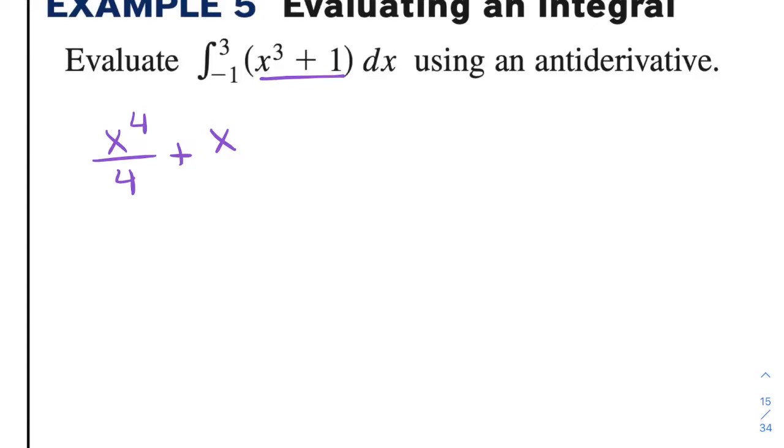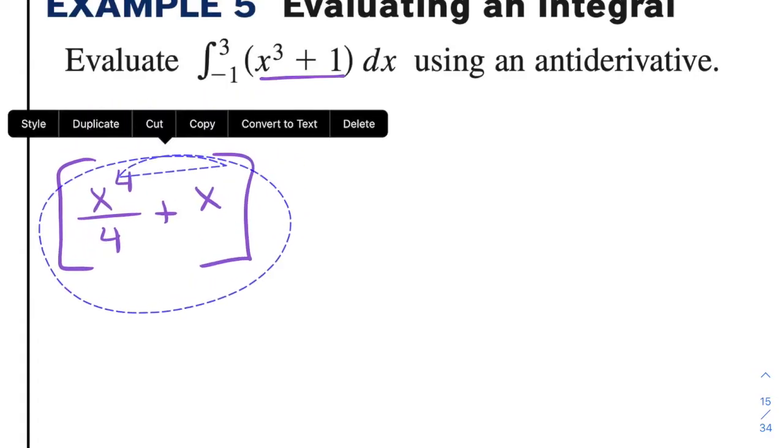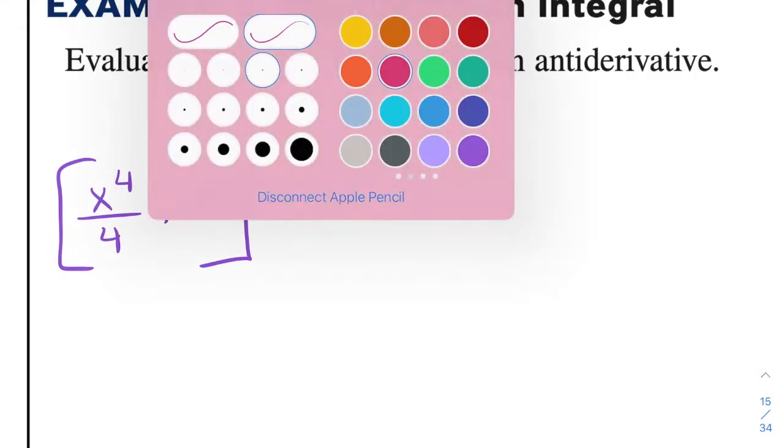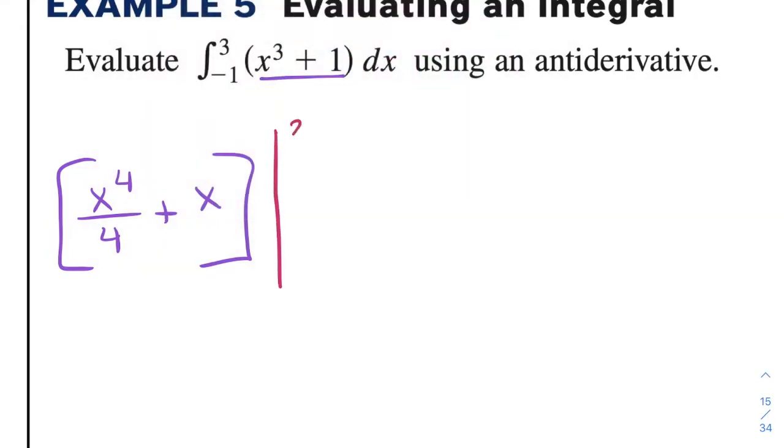Now we're going to evaluate this from -1 to 3. That's bar notation. That is telling us how we are going to evaluate it.